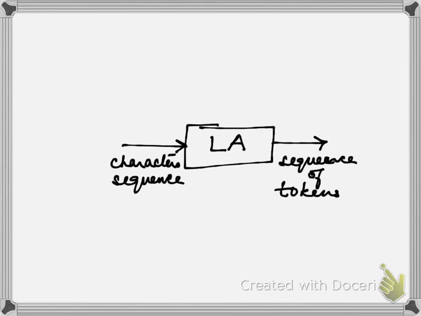So let us see what we mean by these tokens. First of all, the input to your lexical analysis is your source program written in a high level language. So the statements of the program will be sent as input to the lexical analyzer first, because that is the first phase of the compiler.